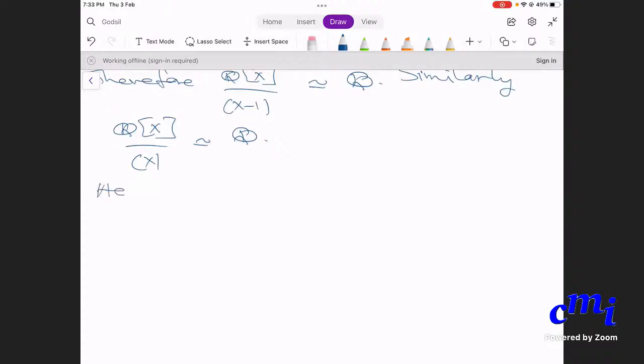Hence, if you take the ring Q[x] mod the ideal generated by x squared minus x, this is isomorphic to Q cross Q.